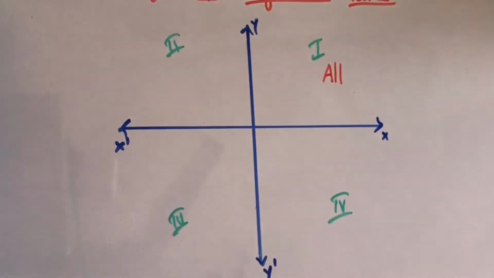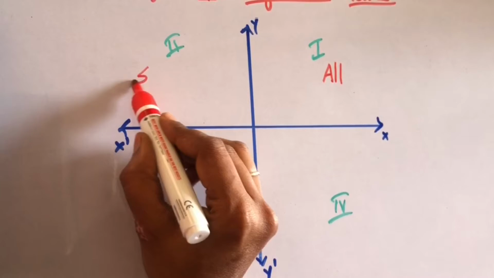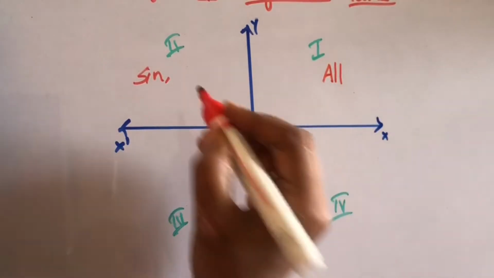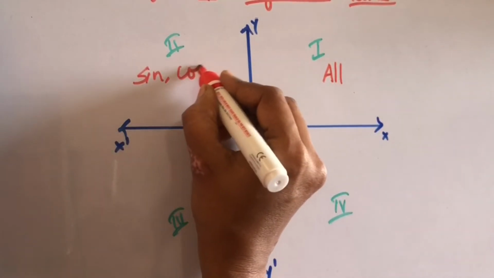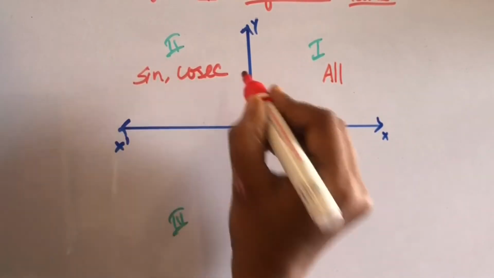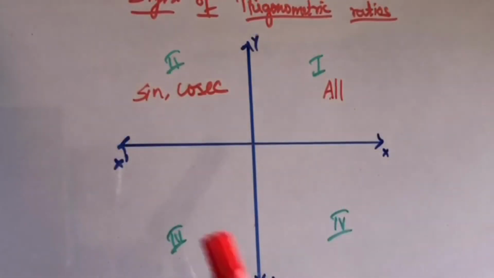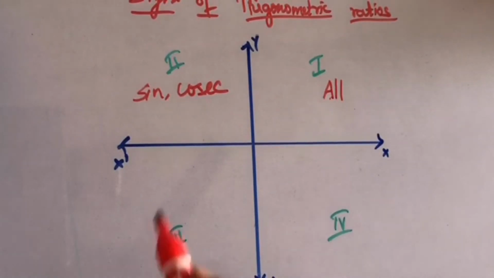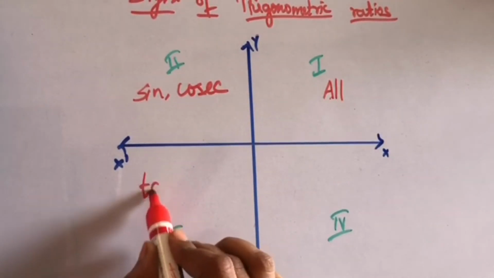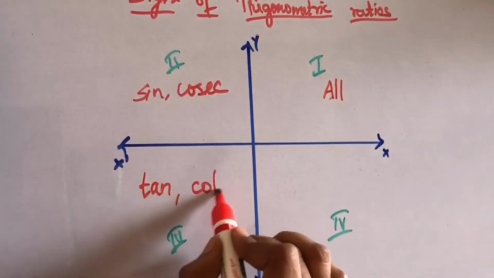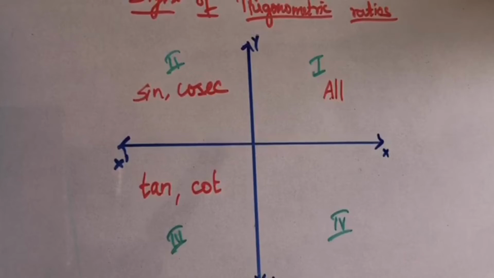In the second quadrant, sine is positive. What's its inverse? The inverse of sine theta is cosecant. So sine and cosecant are positive in the second quadrant. In the third quadrant, tan is positive, so its inverse cot is also positive.